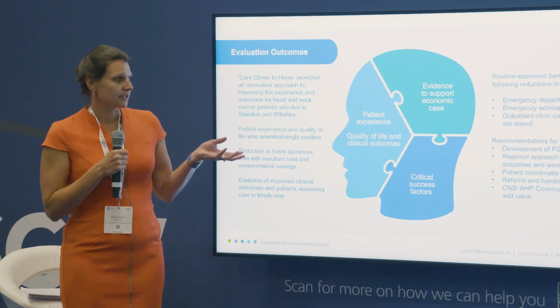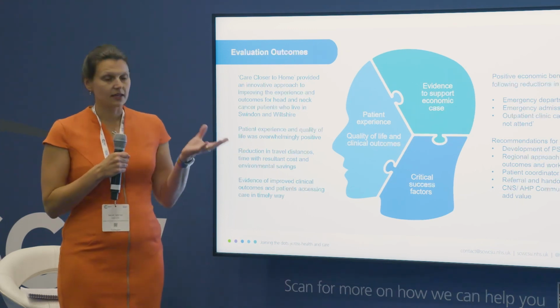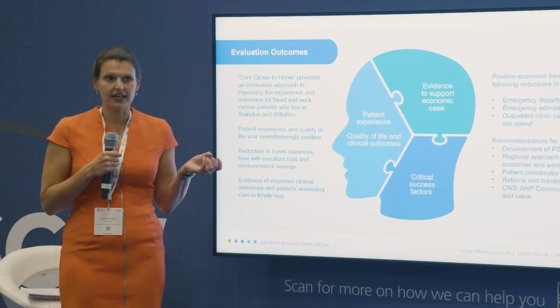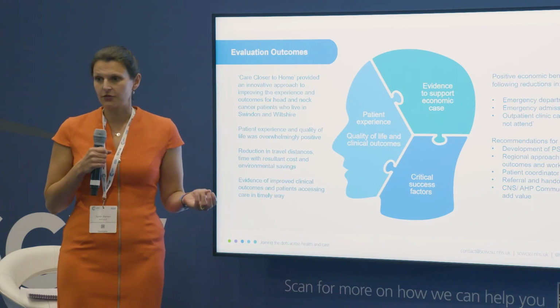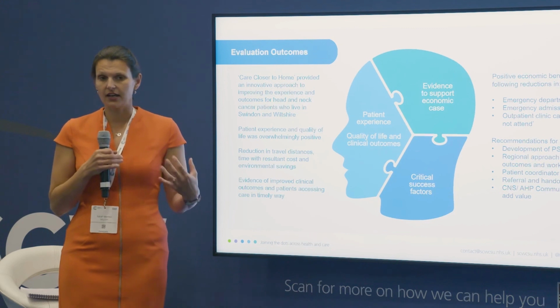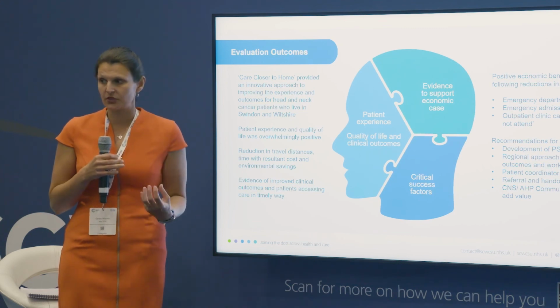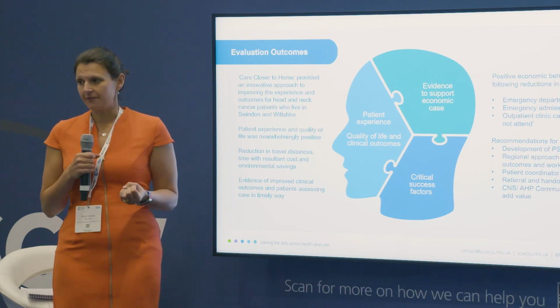The final element to this, which was really meaningful from a financial perspective, is that there was a reduction in how many A&E attendances and admissions thereafter occurred, and that's partly because people were attending at an earlier stage and being able to be resolved much quicker. But this particular cohort are highly frail.